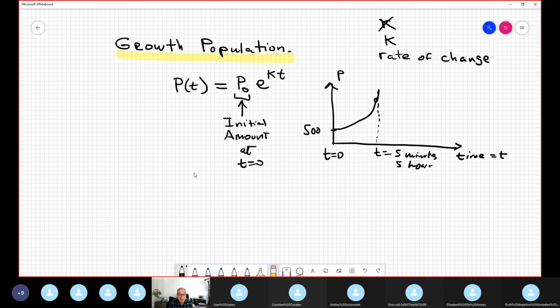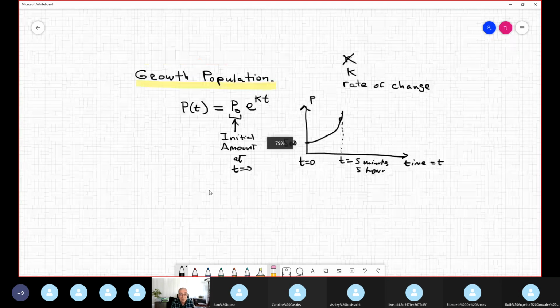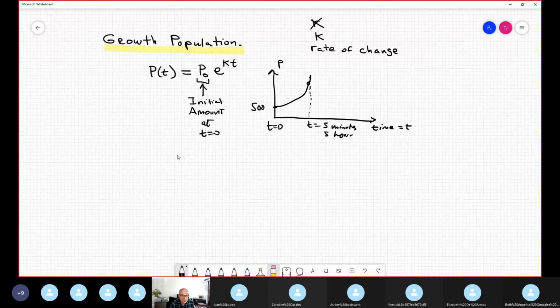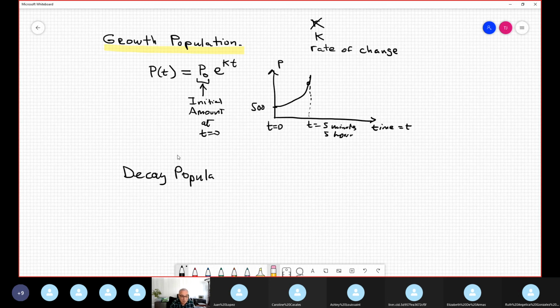Now, likewise, in the same family of problems, we are discussing, not today, next time, another exponential, but it's exponential decay. This is growth population, and this is decay population. Decay is similar, the same formula.